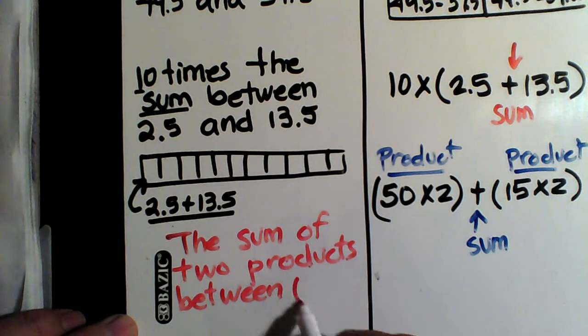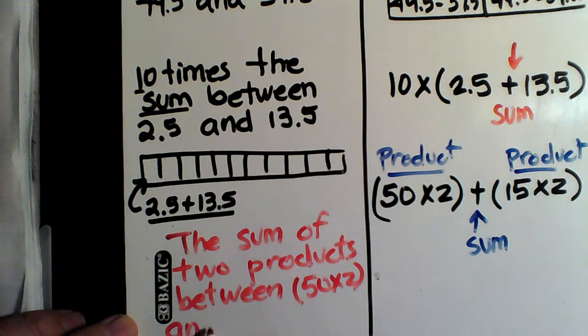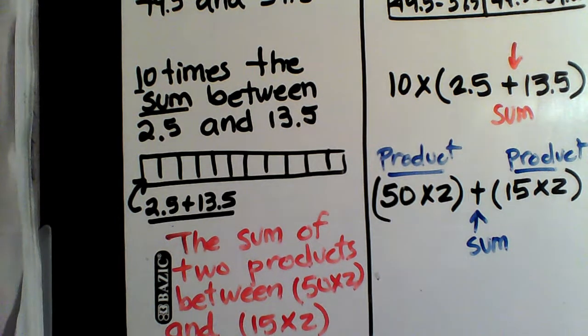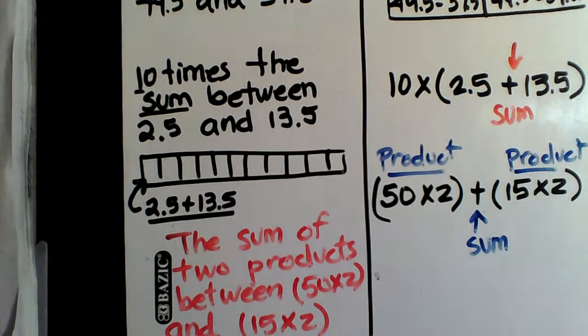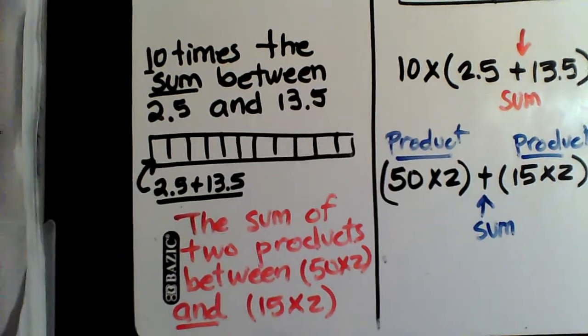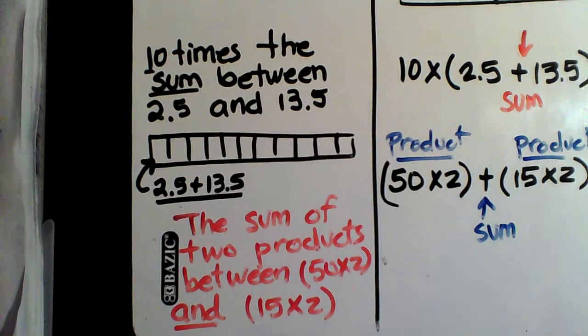Well, that's going to be 15 times 2, and because this implicates addition, and 15 times 2. That will be our last example to show how we can transform these numerical expressions into an expression that is a word form.